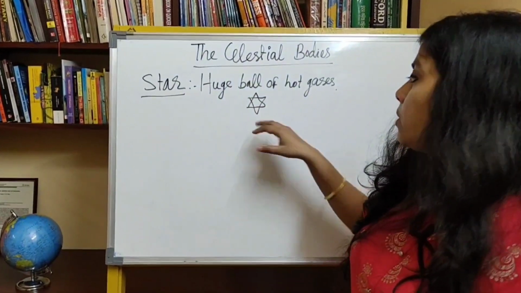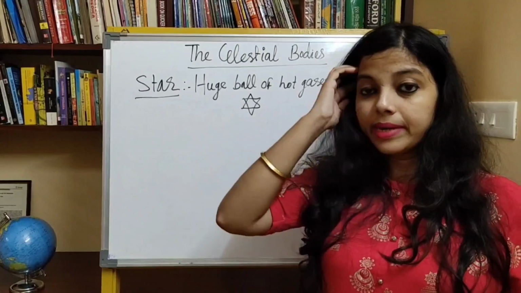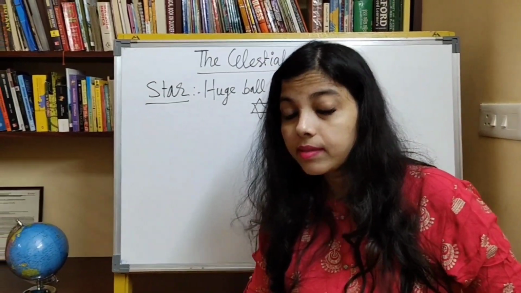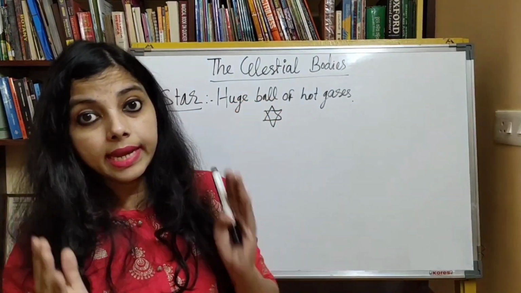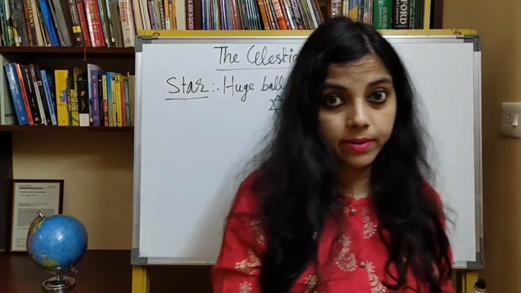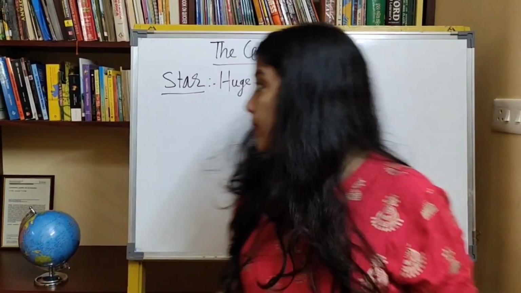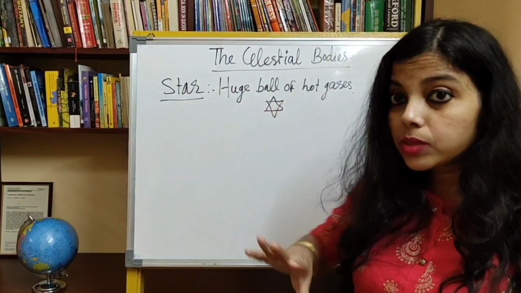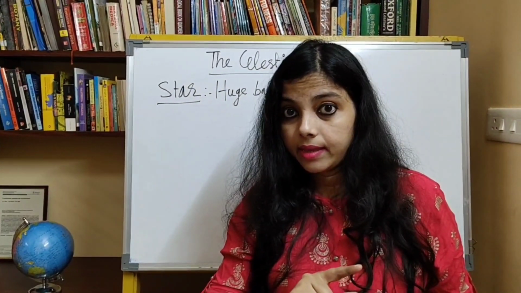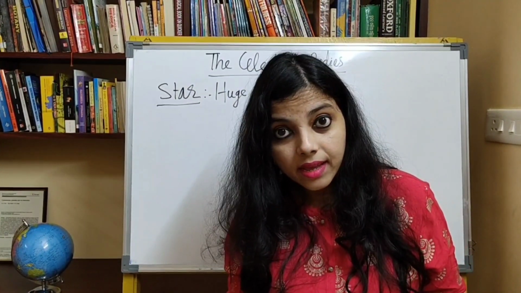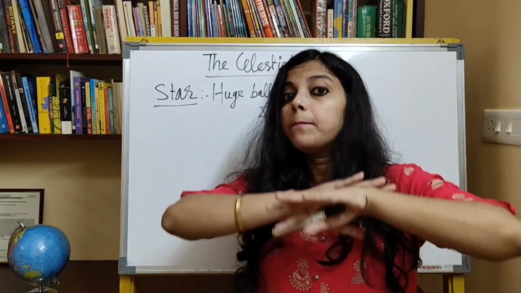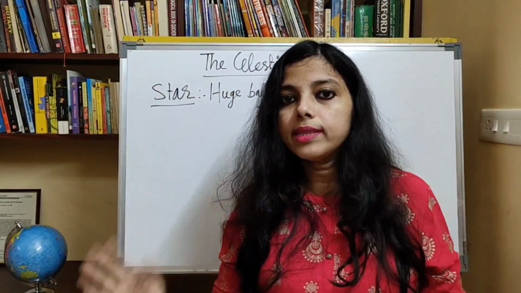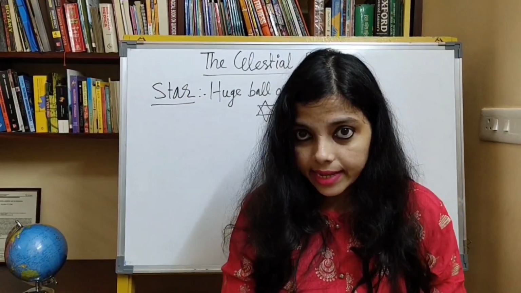That's why they look like they're twinkling. But actually they're emitting their own heat and light. Actually, these stars, one day they die. When they're completely burnt up with all the gases, they die.